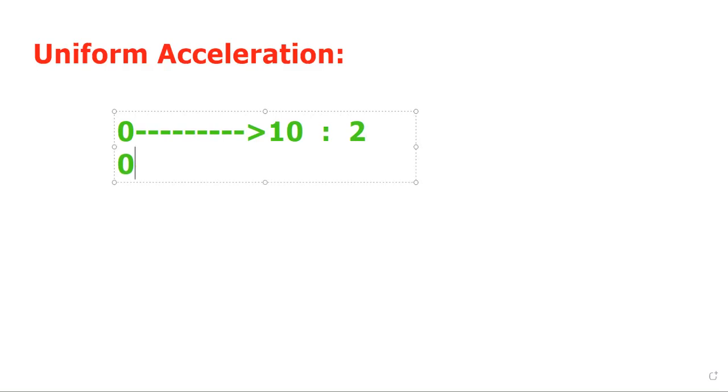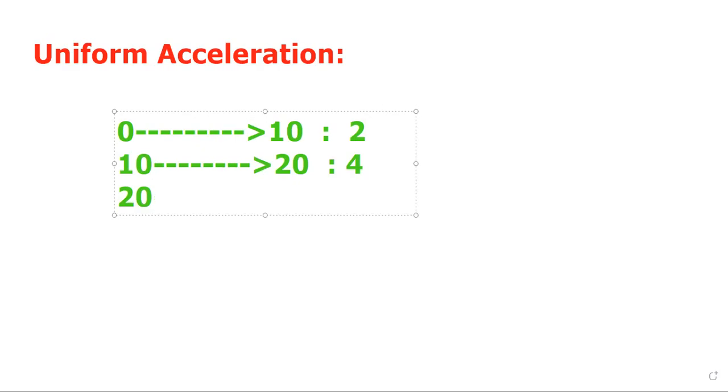Then velocity changed from 10 to 20 and the total time was 4 seconds. This is not the time taken, this is the time on a stopwatch. Now velocity is changed from 20 to 30.